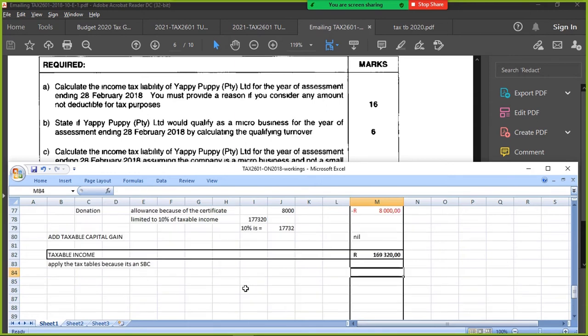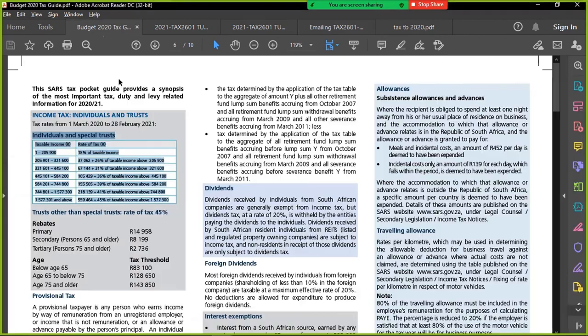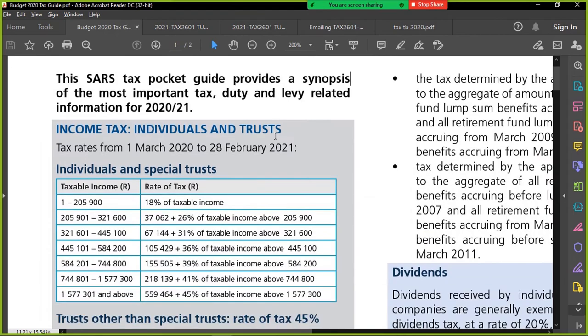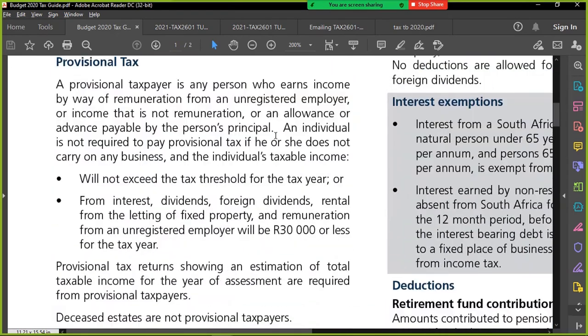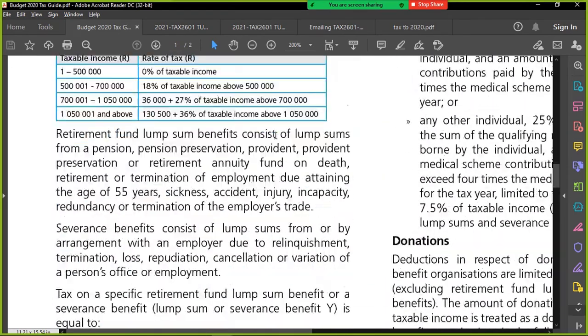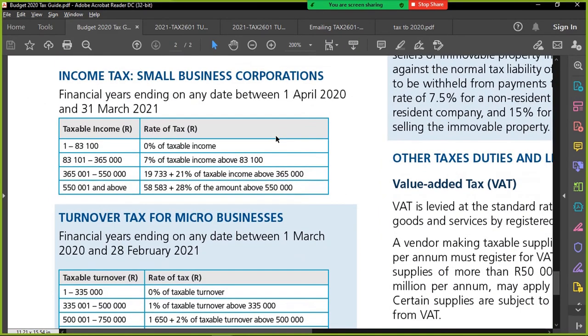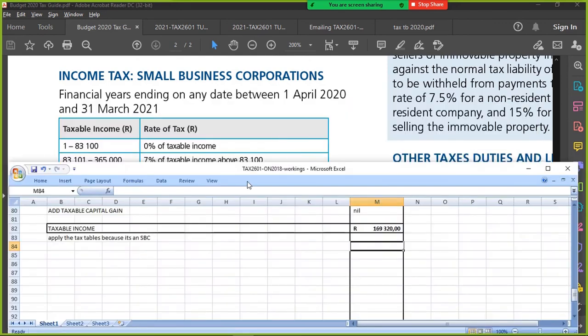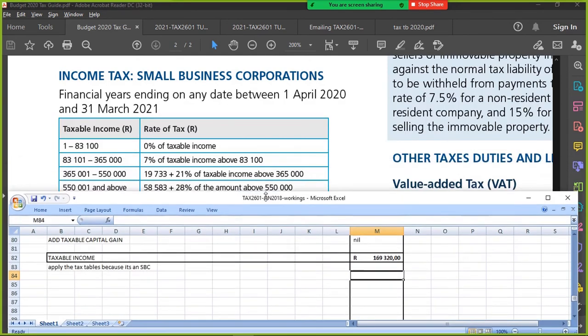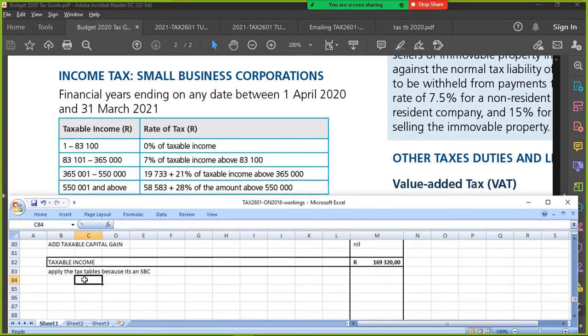Okay, then we need to apply the tax tables. I'm just going to use this budget guide because that's the tax table you'll be applying for an SBC. There we go. Okay, do you still remember how to use these tables? Yes. Okay, which one are we in? We're in the second one. Do you agree?